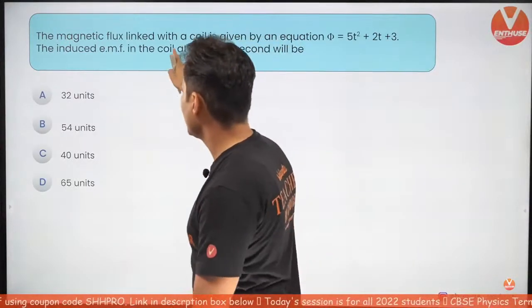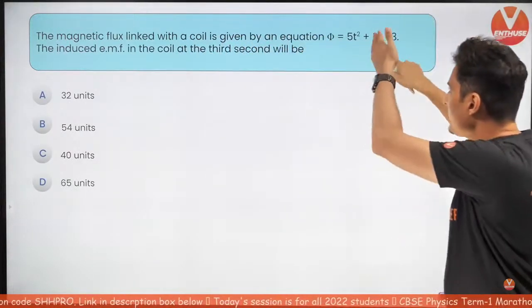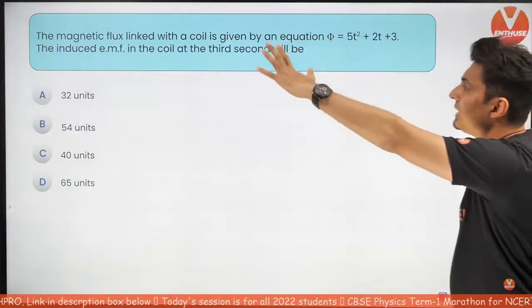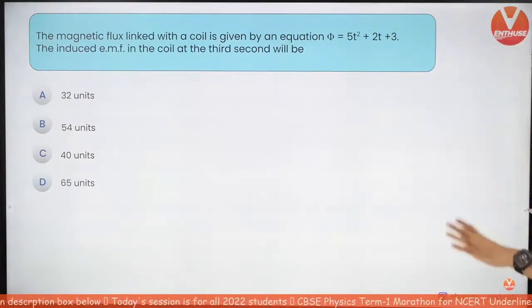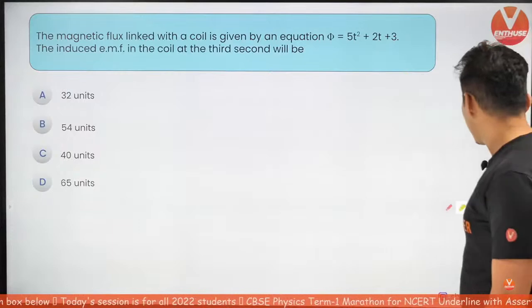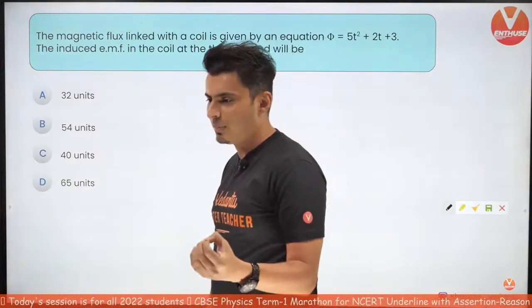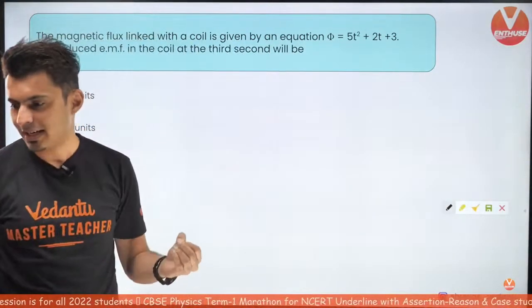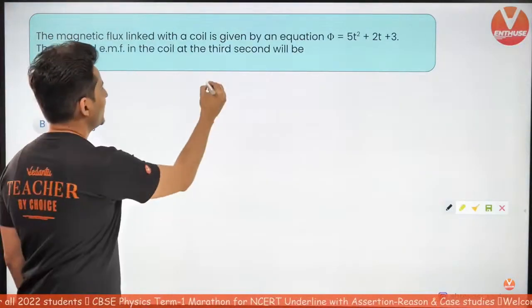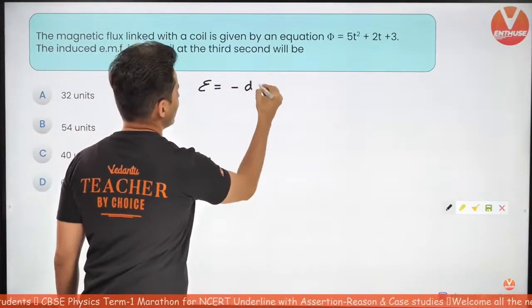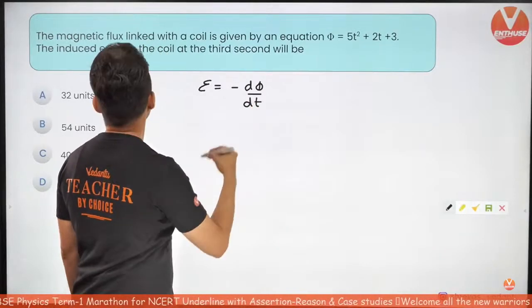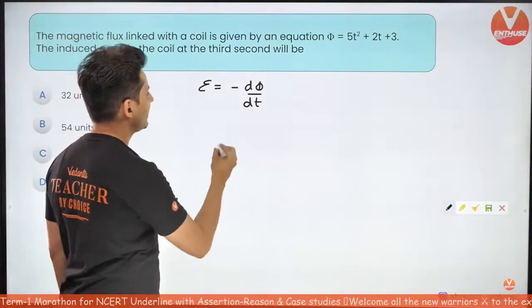Next, the magnetic flux linked with a coil is given by this equation. The induced EMF in the coil in the third second will be how much? Just direct formula. So EMF will be minus d phi by dt. The question is just the magnitude, I believe, but still.